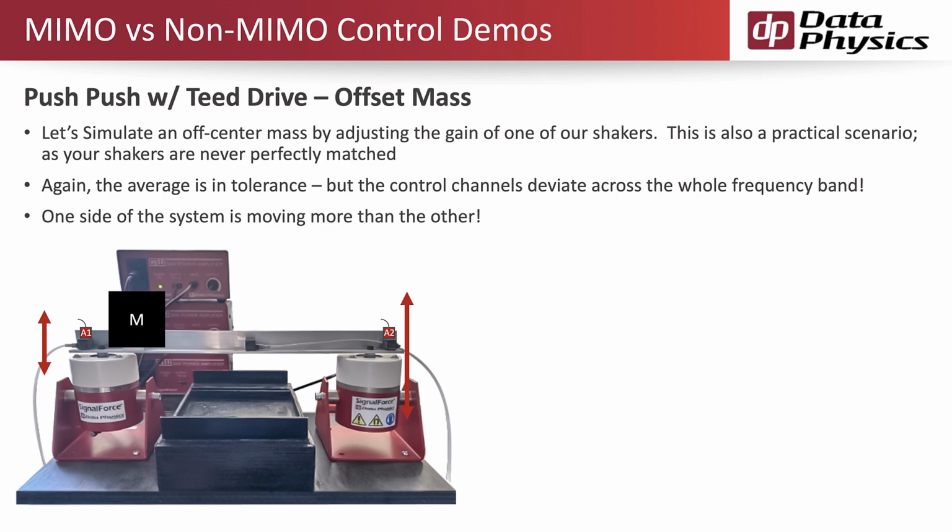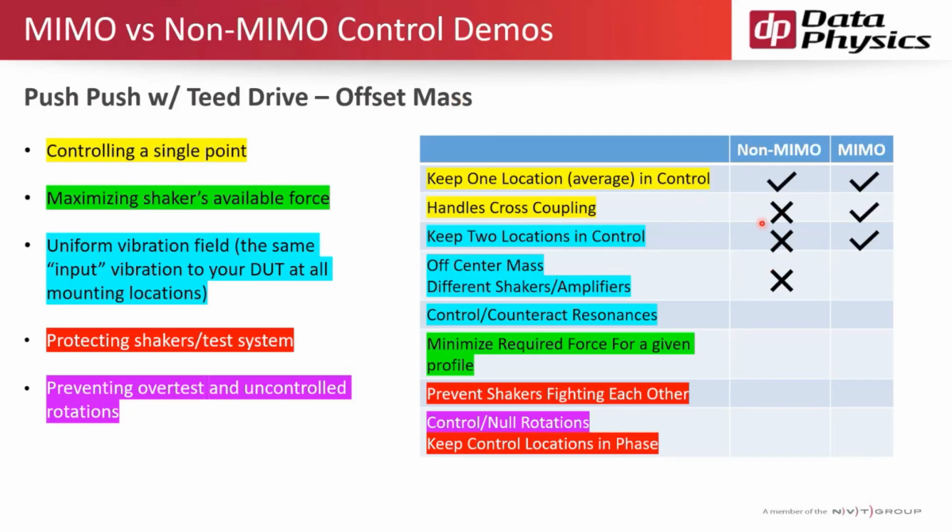So in a case where the mass isn't perfectly centered, that's going to cause control deviations between your two control points. Let's take the same case and fill in the grid: off-center mass gets an X for the non-MIMO control.